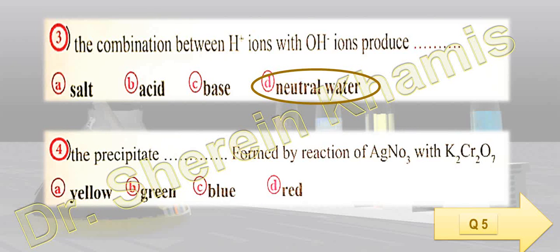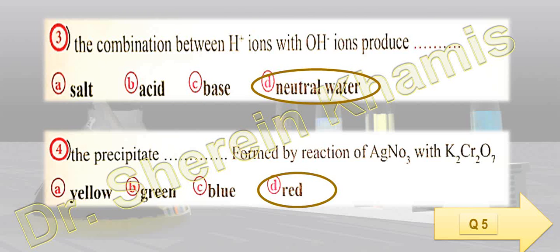The precipitate formed by the reaction of silver nitrate with potassium dichromate. Here we have a reaction where one element is more active than the other, so silver replaces potassium in the group, and the precipitate will be red in color after formation.